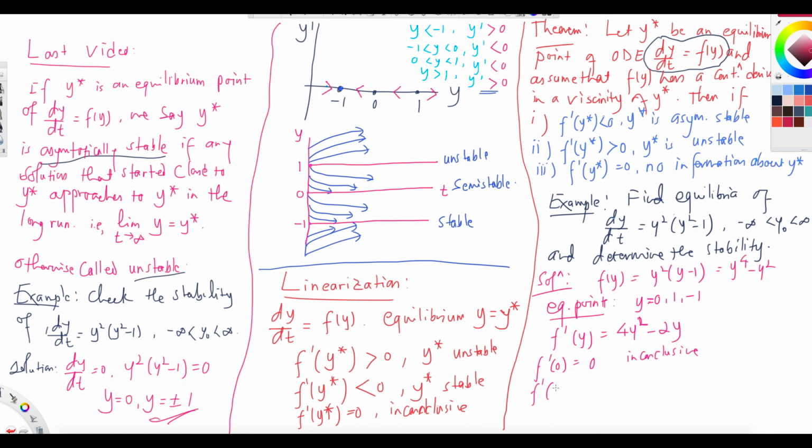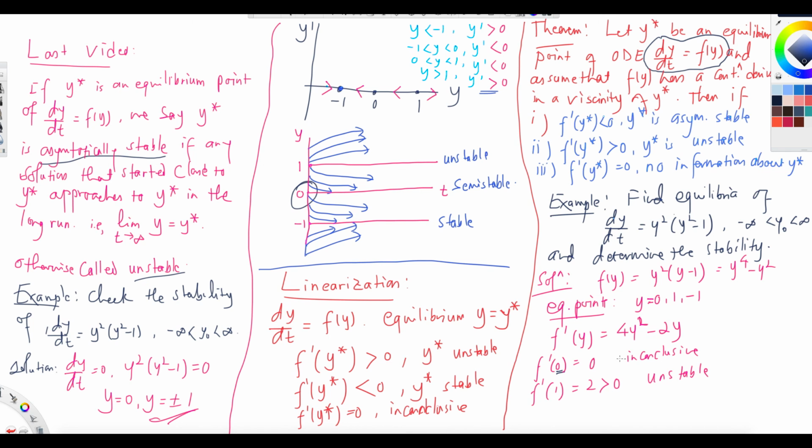Let's plug in 1. You get 4 times 1 minus 2 times 1 is 2, which is positive. So unstable. That equilibrium is unstable. This 0 is inconclusive, but we know that 0 is semi-stable. We found that already.